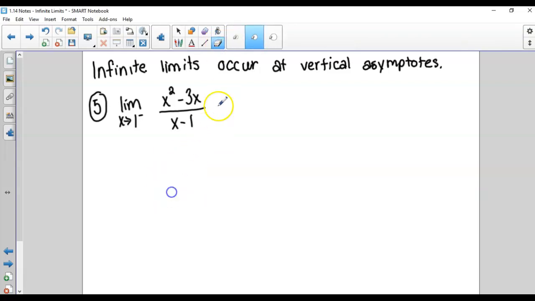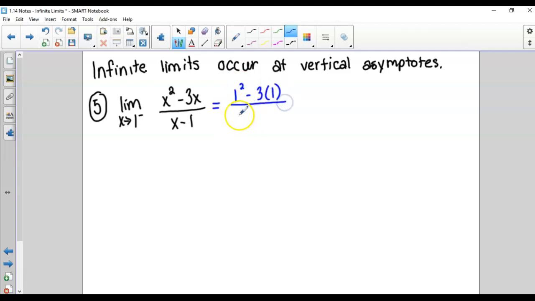We are supposed to always, for every problem, use direct substitution first. We probably don't actually do that. I know that I do not actually do that most of the time. But if you can't get something to factor, you probably should have tried direct substitution. So if I try direct substitution here, I get 1 squared minus 3 times 1 over 1 minus 1.